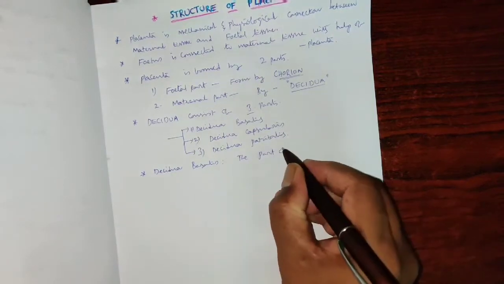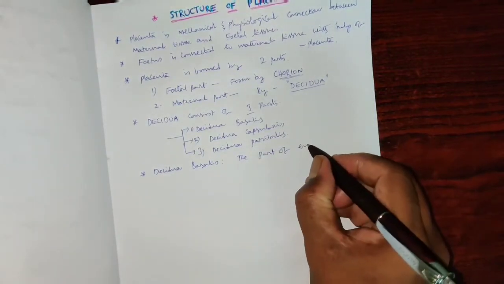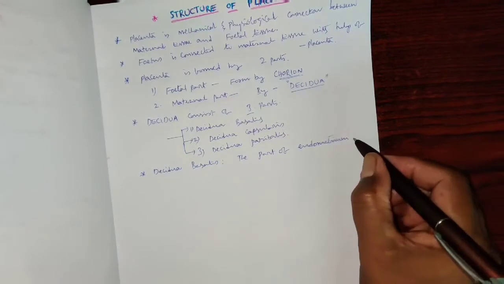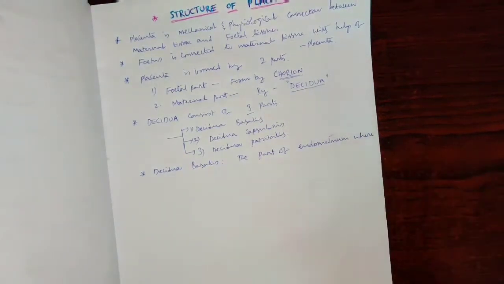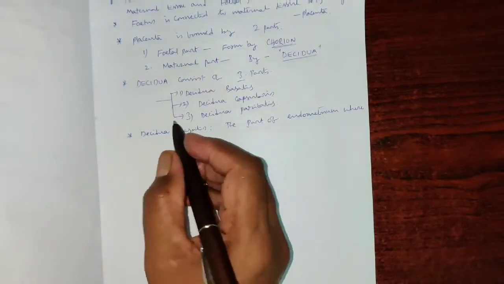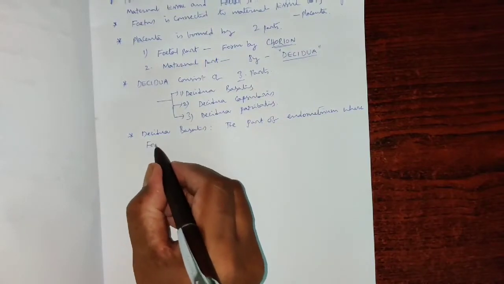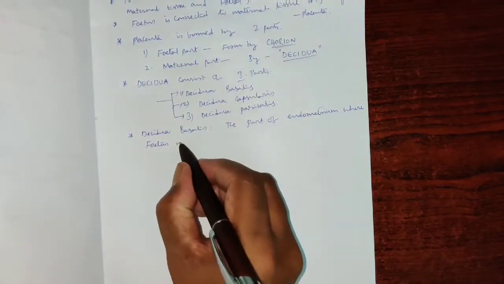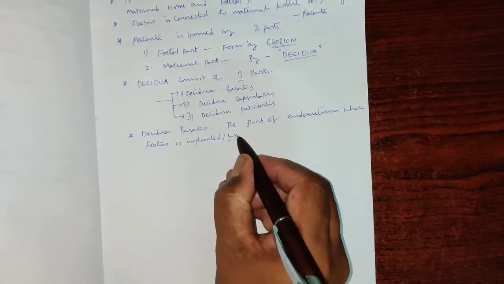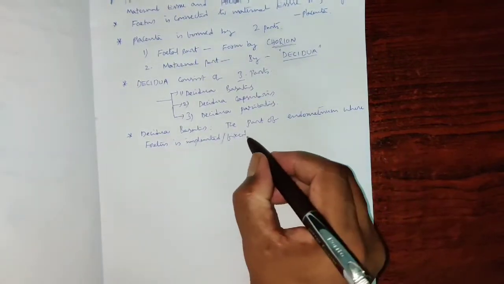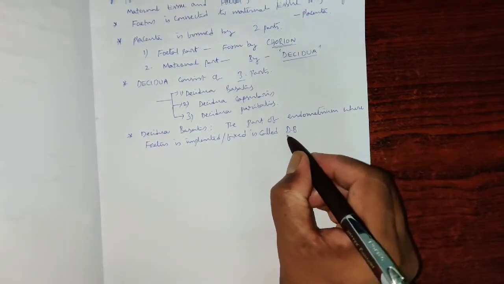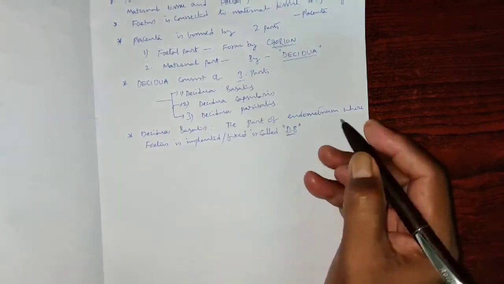The part of endometrium where the fetus is implanted or fixed is called decidua basalis.